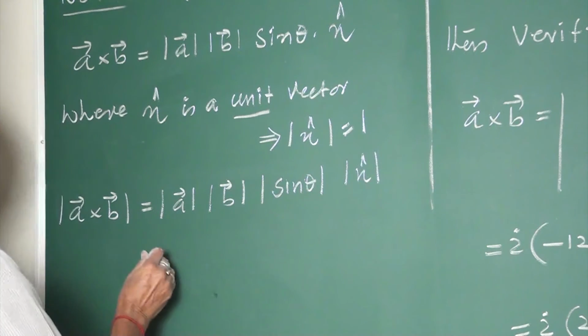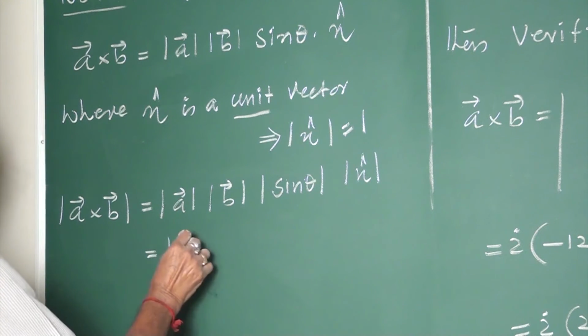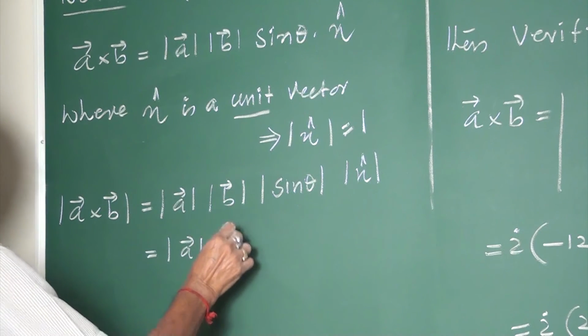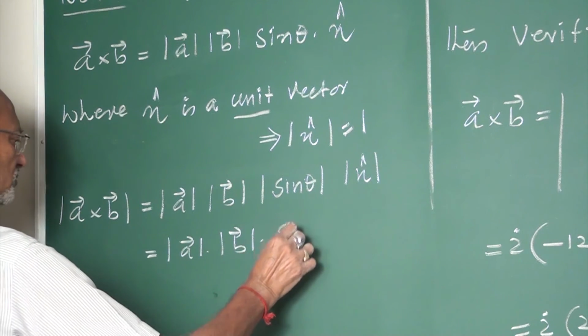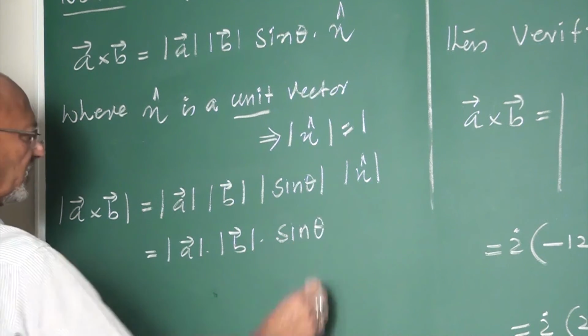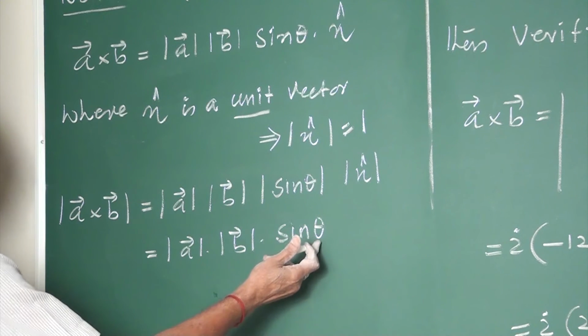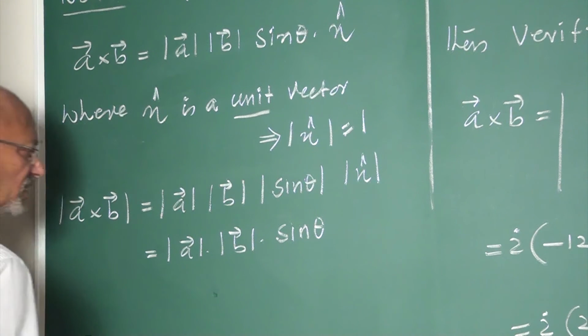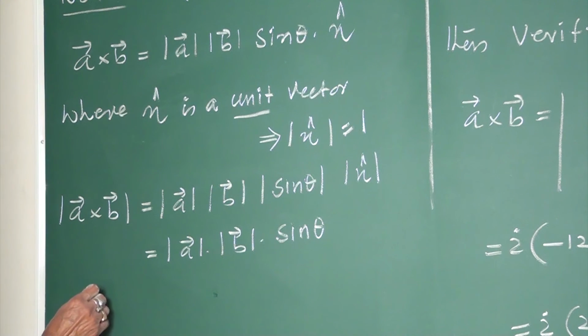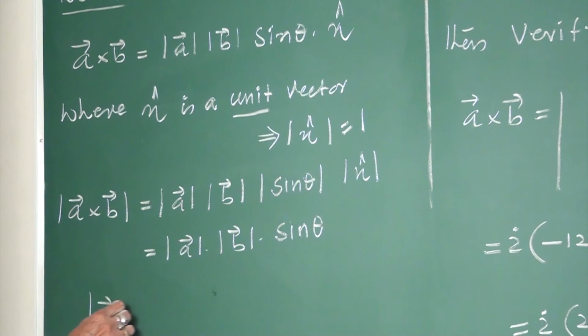So it is magnitude of A into magnitude of B into sine theta. Sine theta is positive for the first and second quadrant.